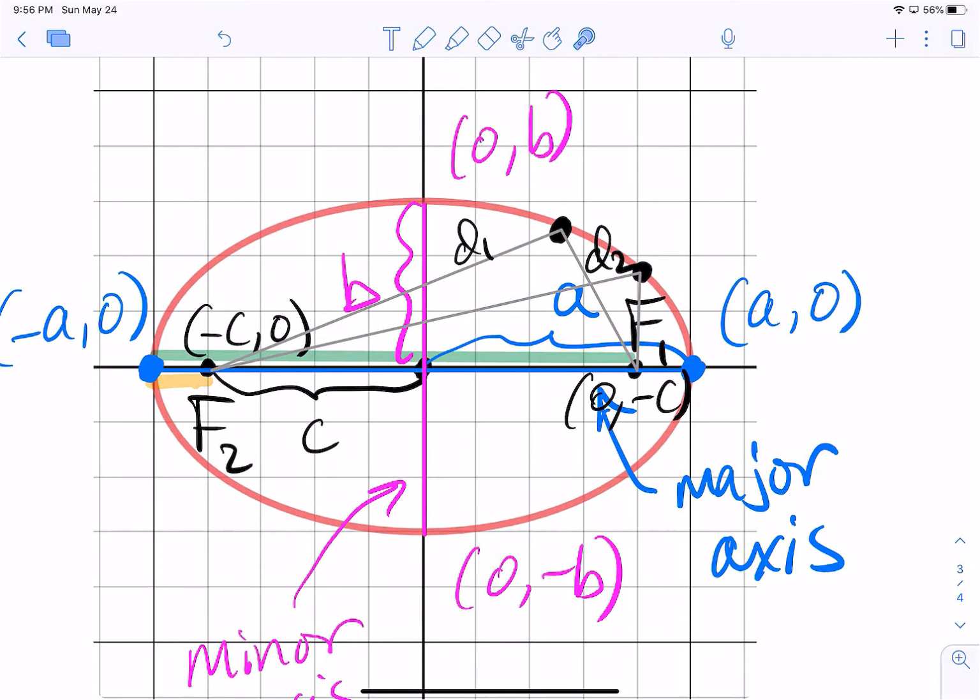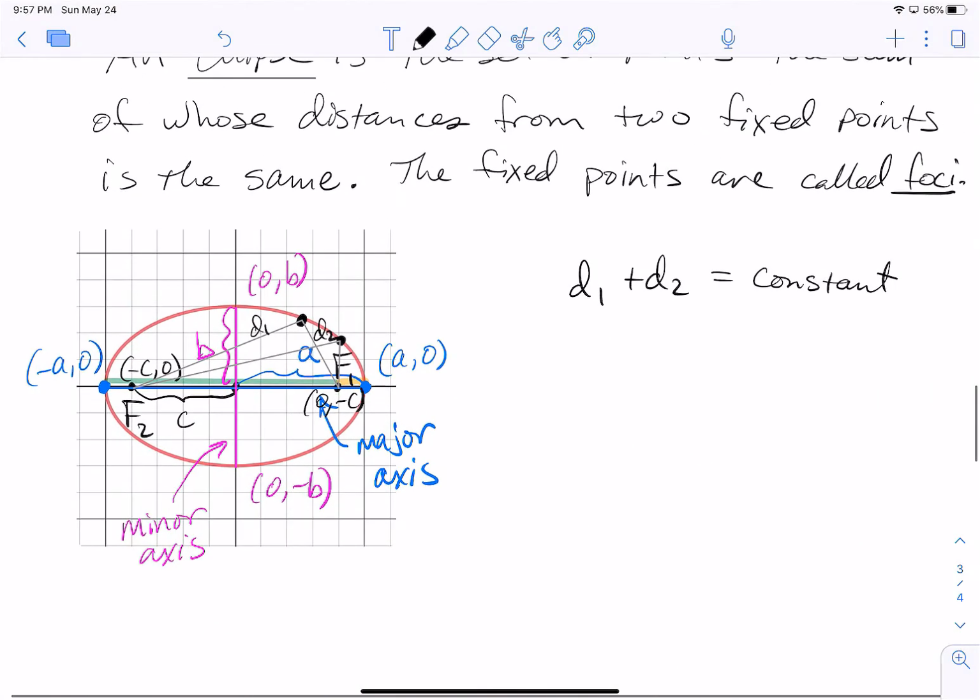So if I travel the orange and then the green, then folks, it's exactly the same as if I just traveled all the way across the entire ellipse. You see that the distance between the focus and the vertex is the same as the distance between the other focus and the vertex. Therefore, the distance is going to be a plus a. So the constant over here is 2a.